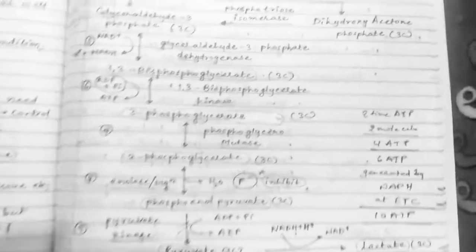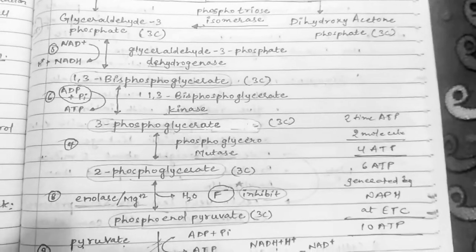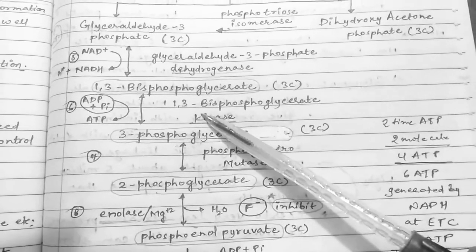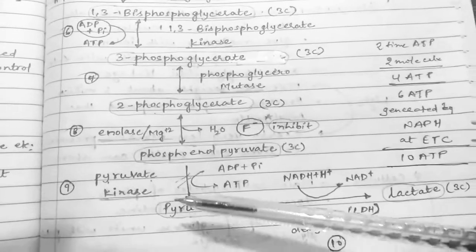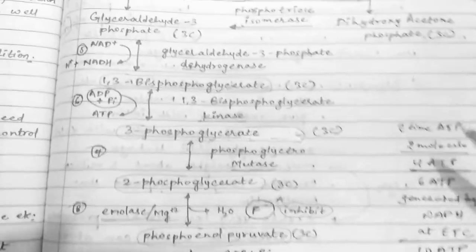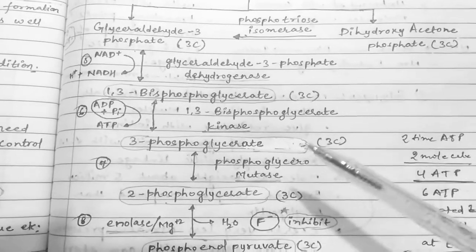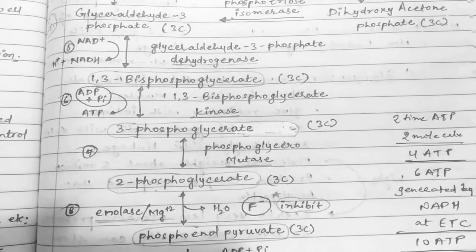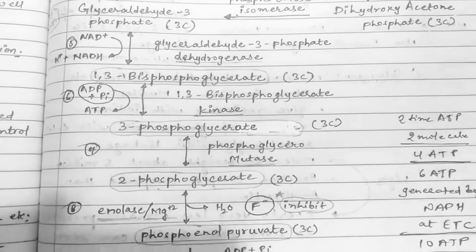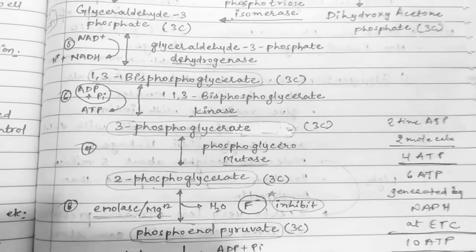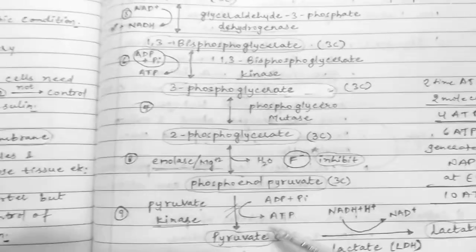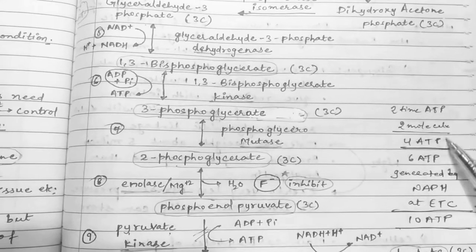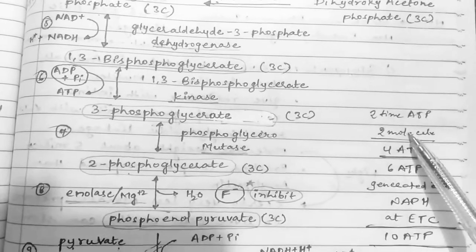Then student, I want to tell you how the 10 ATP are generated. In step number 6 and step number 9, 2 ATP are generated, and I have told you that after the 4th step this pathway takes place 2 times. That's why these are not 2 ATP, these are 4 ATP.